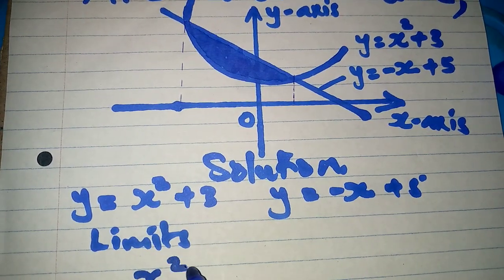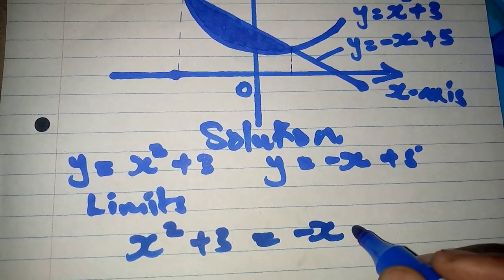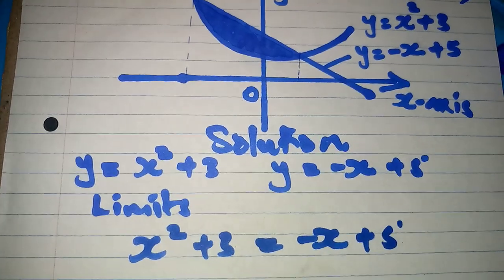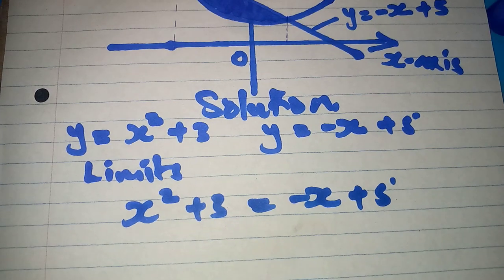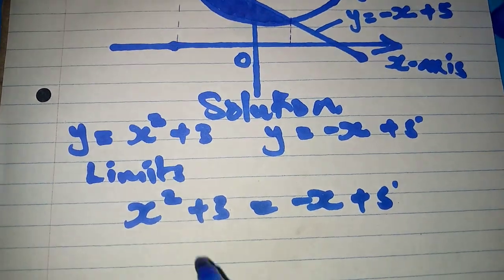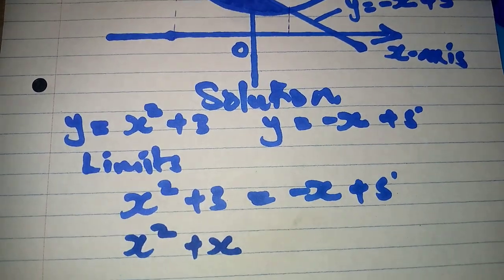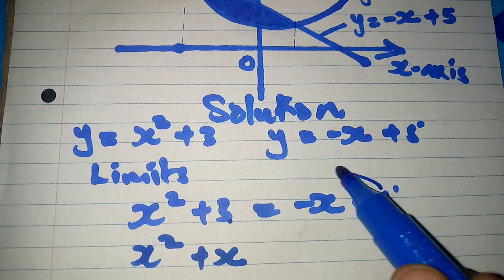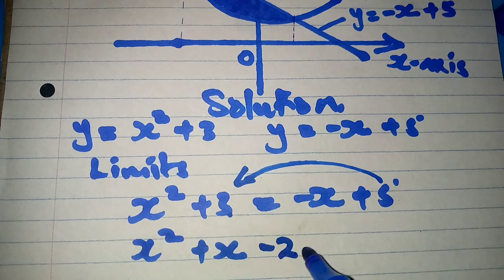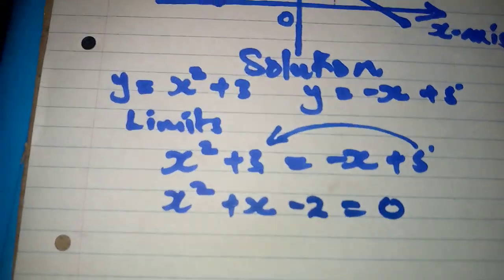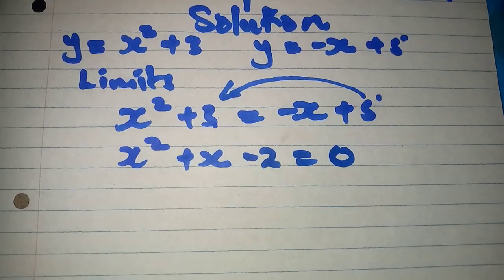If I equate x squared plus 3 to negative x plus 5, I'm sure to find the boundaries. Taking the x to the other side, I have x squared plus x. Then 3, taking negative 5 to the other side, becomes minus 2, equals 0. This is a quadratic equation.